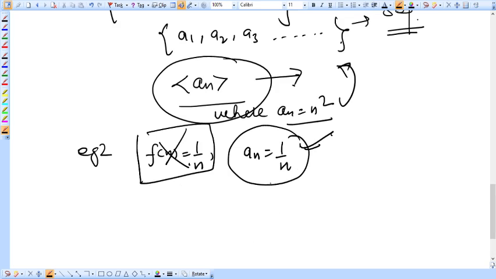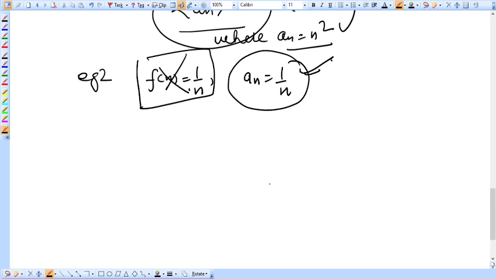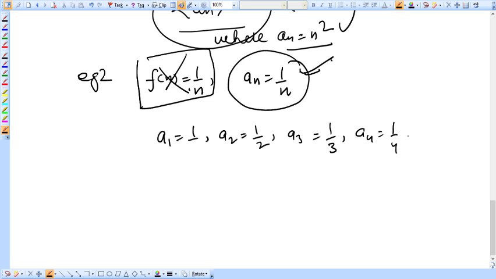So an is equal to 1 upon n. What would a1 be here? It would be 1 only. What would a2 be? It would be 1 over 2. And a3 is 1 over 3, and a4 is 1 over 4, and so on. In this way we get the sequence 1, 1 by 2, 1 by 3, 1 by 4, and so on. This is another example of a sequence.